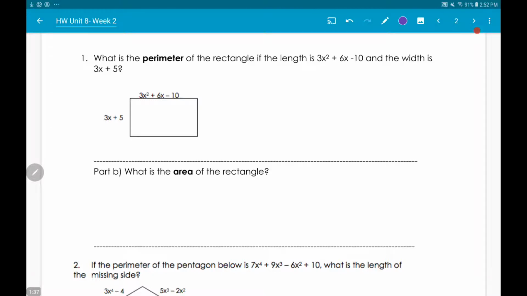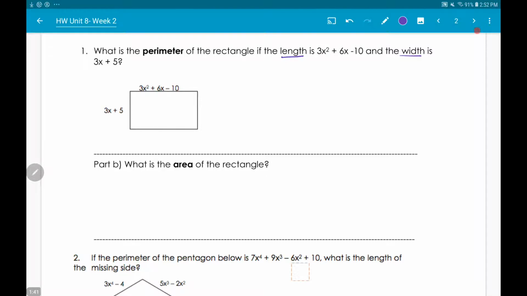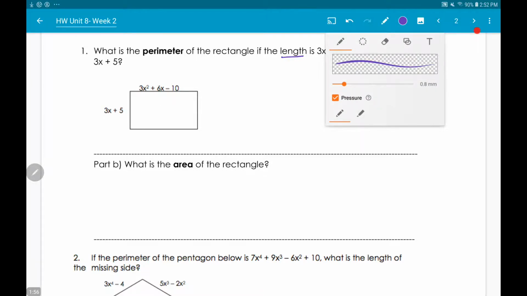So what is the perimeter of the rectangle? And they give us the length and the width, and it's labeled for us in the picture. So the first thing I like to do when I see a picture with some labels is I want to make sure to label the missing sides. I know it when it's a rectangle because opposite sides are always equal.